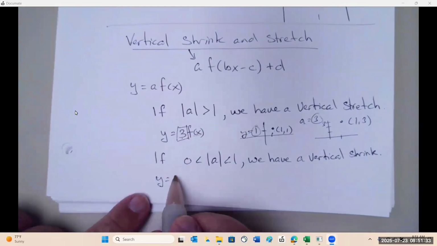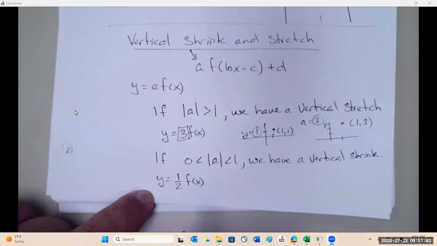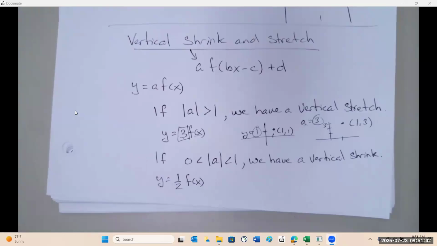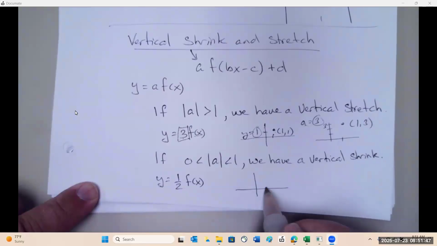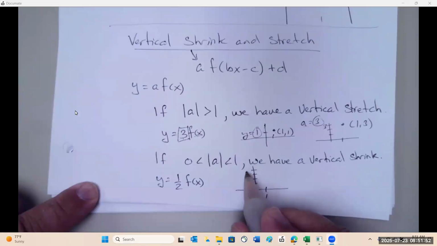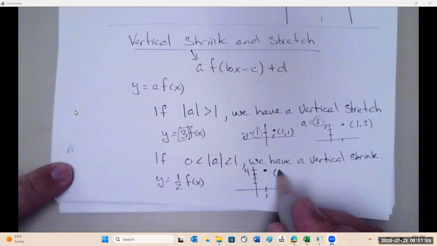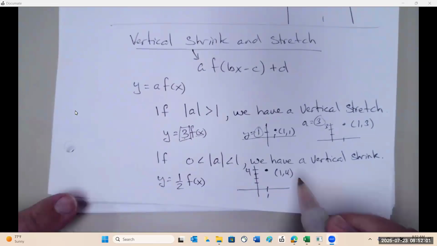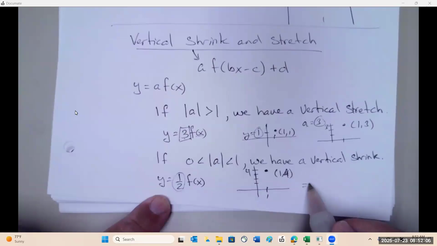This one, if it's between 0 and 1, means it's a fraction. Let's say half. So if I have a point on my f of x at 1, 4, and I have a half in front of it, what does it become?